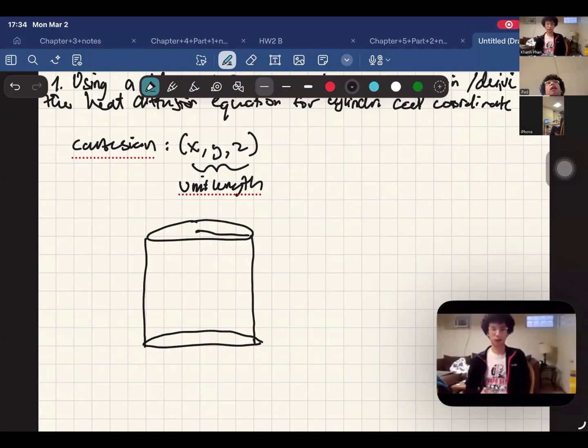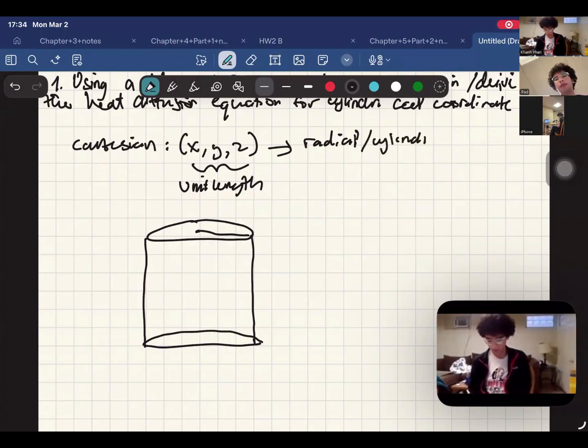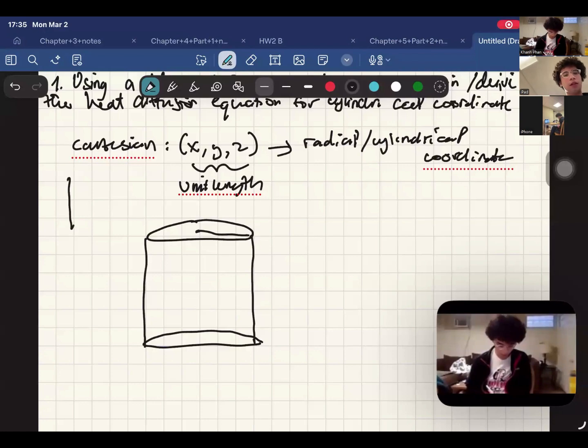So in this case, we have to use a different coordinate called radial or cylindrical coordinates. Let me just draw the Cartesian over here.